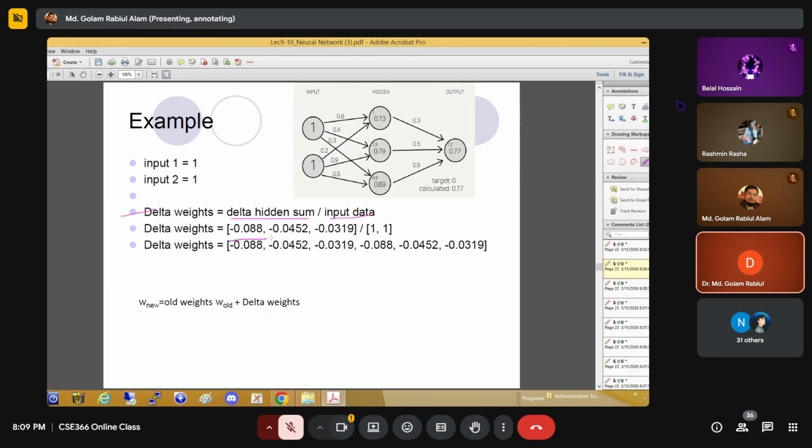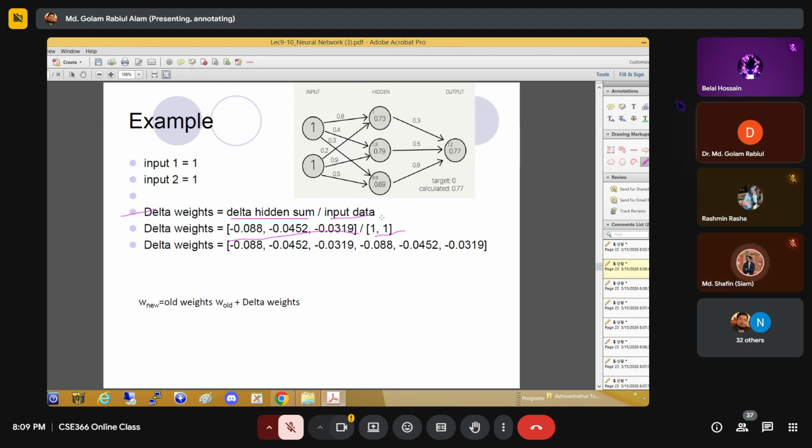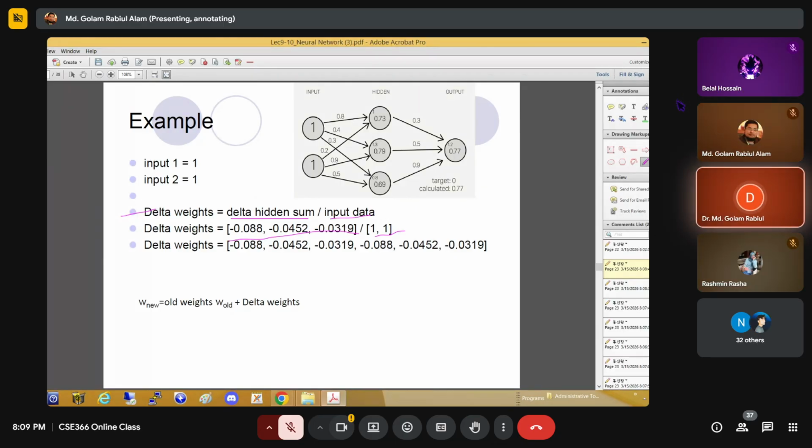These are the delta hidden sum, and input is 1, 1. So now divide by 1, and we will get these three values. And again, we divide by 1, so you will get again these values. So these are our delta weights.